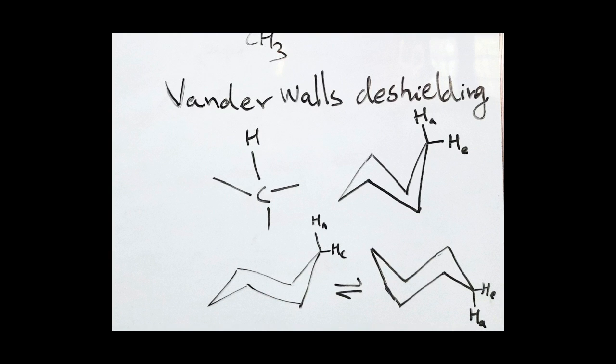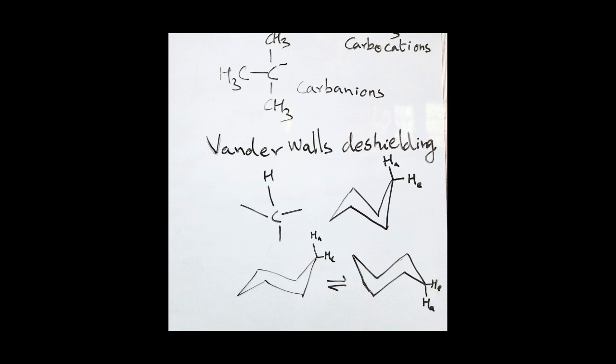If the axial and equatorial protons experience a different deshielding effect, then they will show different chemical shift values. This is observed actually in various examples. Later on we will discuss the chemical shift values of the axial and equatorial protons in another instance also. So this effect is called the van der Waals deshielding, that is operating in stereochemically complicated molecules.